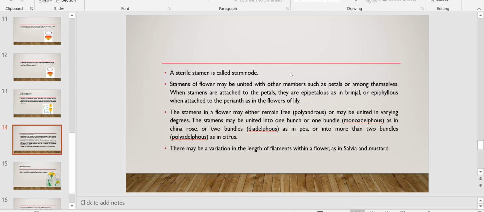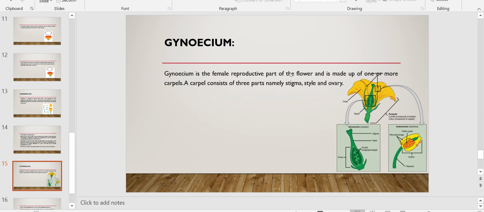Stamens of a flower may be united with other members such as petals or among themselves. When stamens are attached to the petals, they are epipetalous. The stamens in a flower may either remain free or may be united in varying degree. There may be variation in the length of filaments within a flower, as in salvia and mustard.